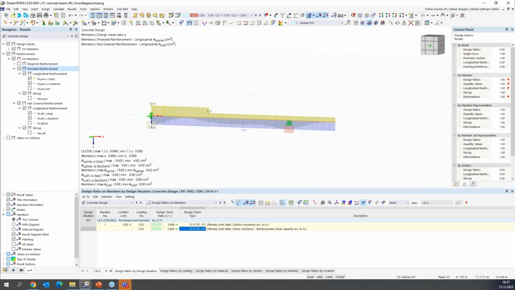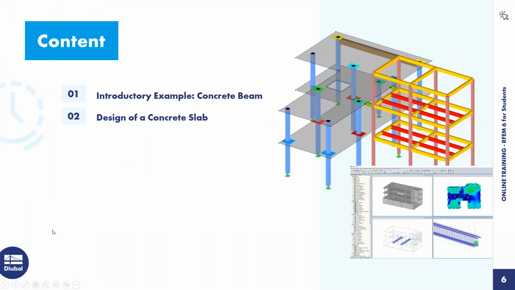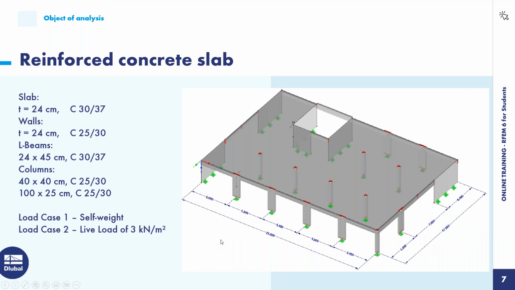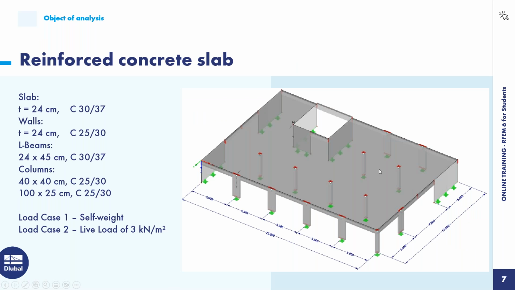Now I want to also have a look at a slab with you. Therefore, we shortly go into the slide. I just want to show you the object of analysis.